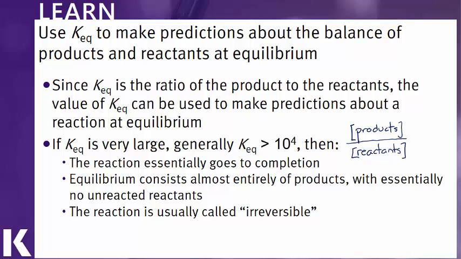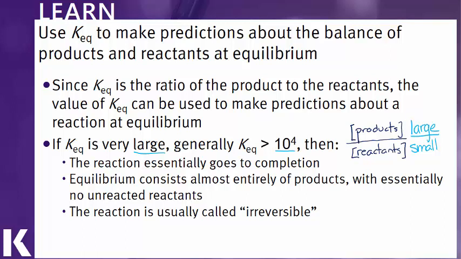Now, if we start with a very large Keq, and this would be a Keq that is greater than 10 to the fourth, what this means is our ratio of products to reactants also has to be greater than 10 to the fourth. This means that we must have a very large numerator, a very large concentration of products, and a small concentration of reactants.